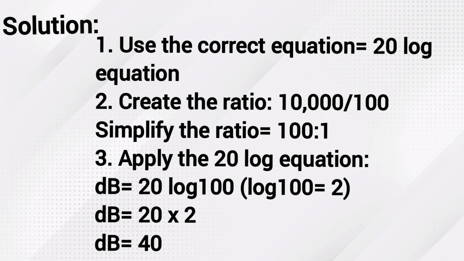When you apply the log equation, the decibels will equal 20 log 100, and log 100 is equal to 2. Decibels therefore will equal 20 times 2, and the final answer, the change, will be 40 decibels. So a change in amplitude from 100 pascals to 10,000 pascals is expressed as a 40 decibel change.